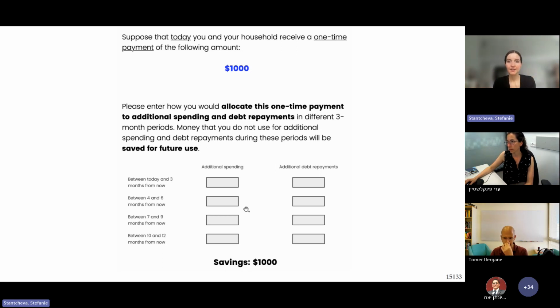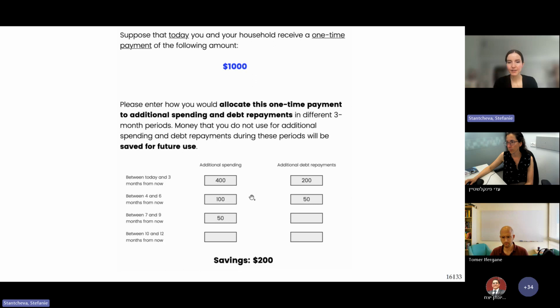And they are asked to fill out for each quarter, so between today and 3 months from now, between 4 and 6 months from now, the additional spending or additional debt repayments that they plan to make. And as they fill this out, at the bottom, they can see how many savings they have left over to roll into the year after. So they can adjust this and just see how much is left over without having to make those computations.